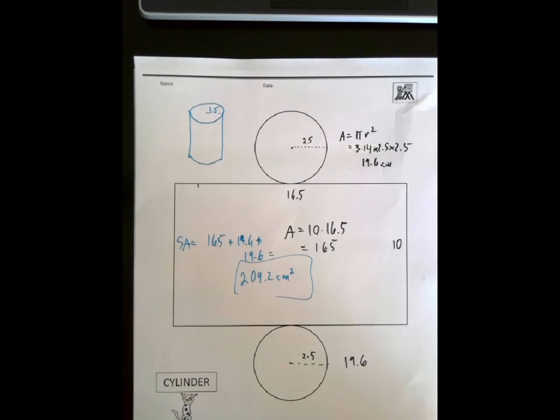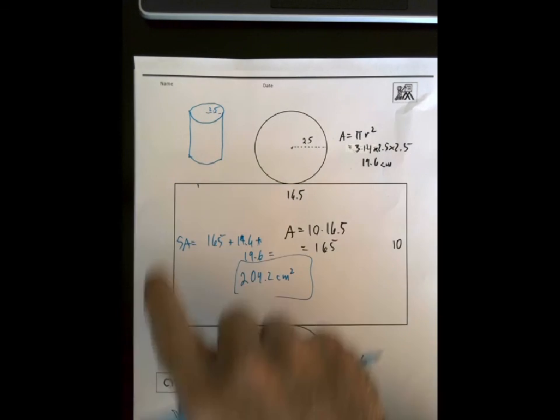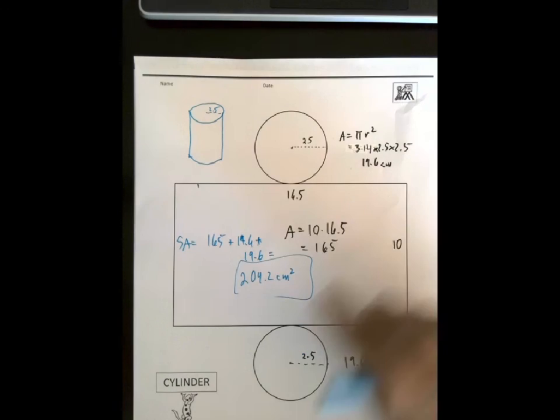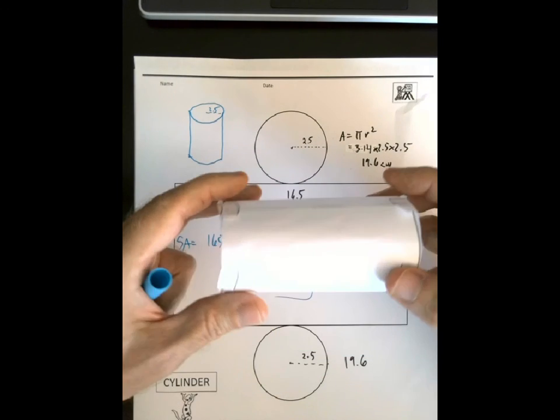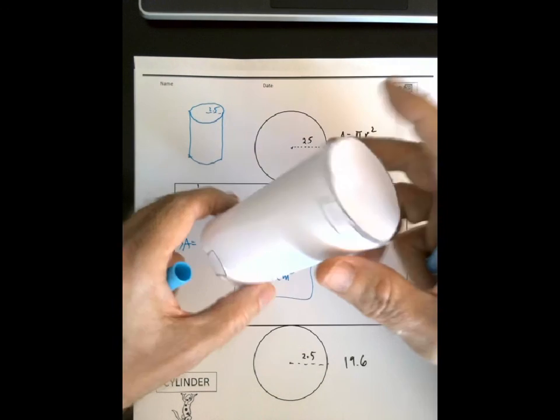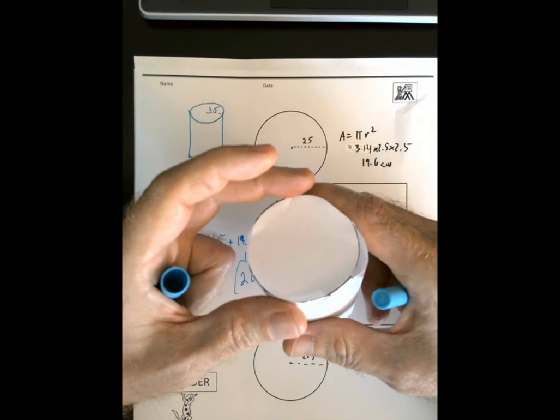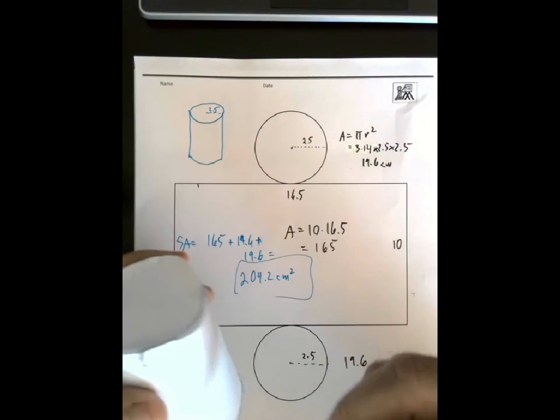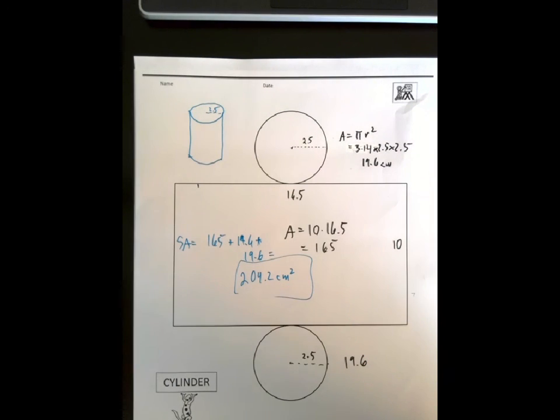Now, maybe you're thinking, well, that's cool. When it's all laid out flat like that, I can just measure that rectangle. But what if it's not laid out flat, which generally it won't be? How do I figure out what the side dimensions are? Well, let's show that. I'm going to put this aside.